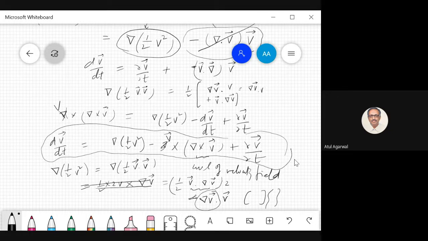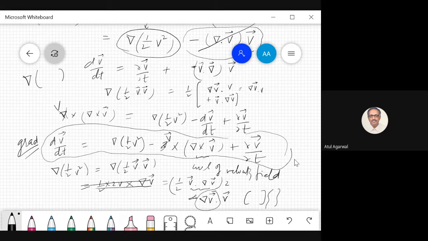Suppose I take gradient of this term. What is the meaning of gradient? You are just multiplying with grad and taking the derivatives of any quantity with x, y, z.